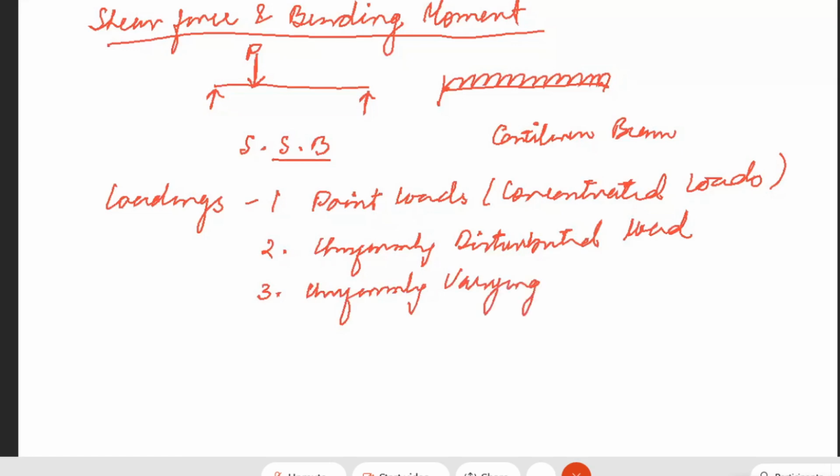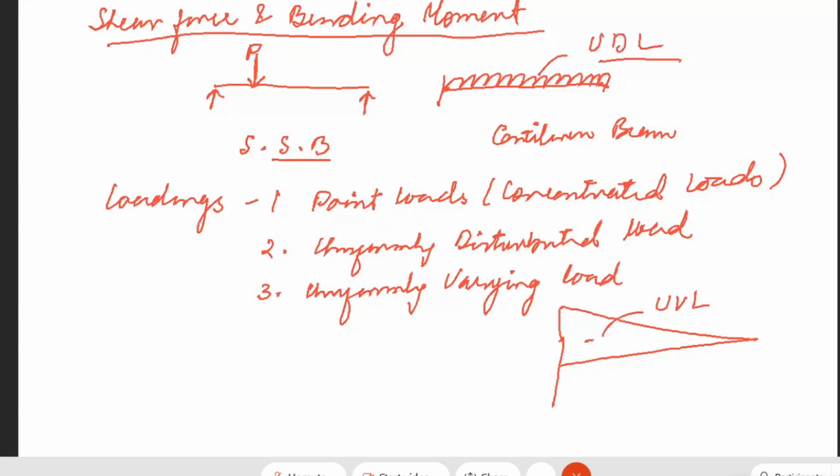If we have a cantilever and the load varies uniformly like this, a triangular load, this is called a UVL, uniformly varying load. This is your UDL, uniformly distributed load, and this is your point load.